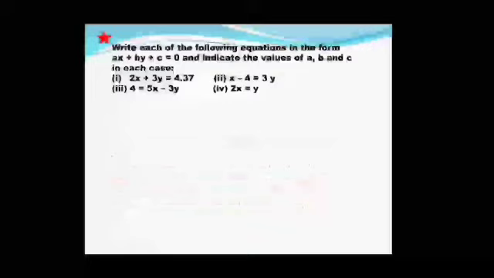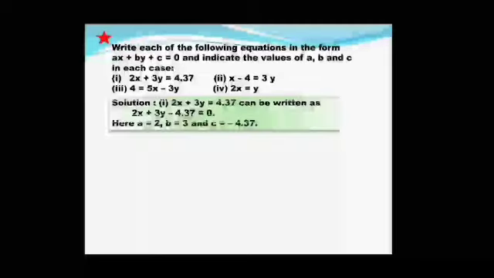Let's solve one question. Write each of the following equations in the form ax plus by plus c equals 0 and indicate the values of a, b and c in each case. There are four parts of this question. First part is 2x plus 3y equals 4.37. We have to convert these equations into standard form and we have to indicate the values of a, b and c. So let's solve this.